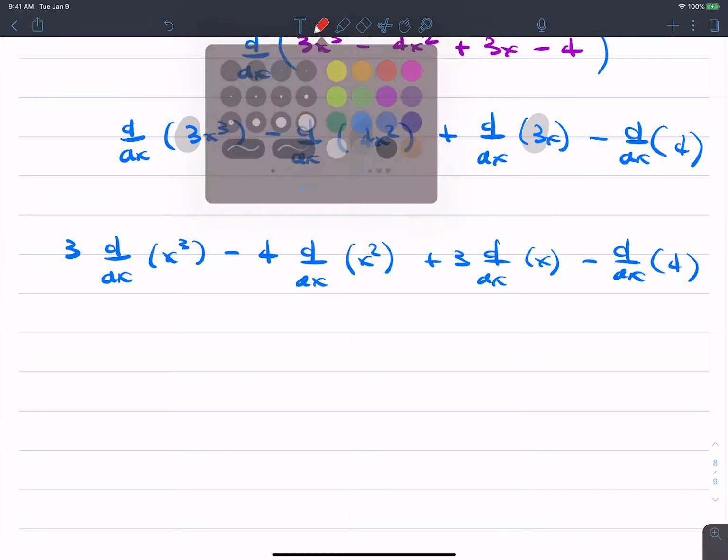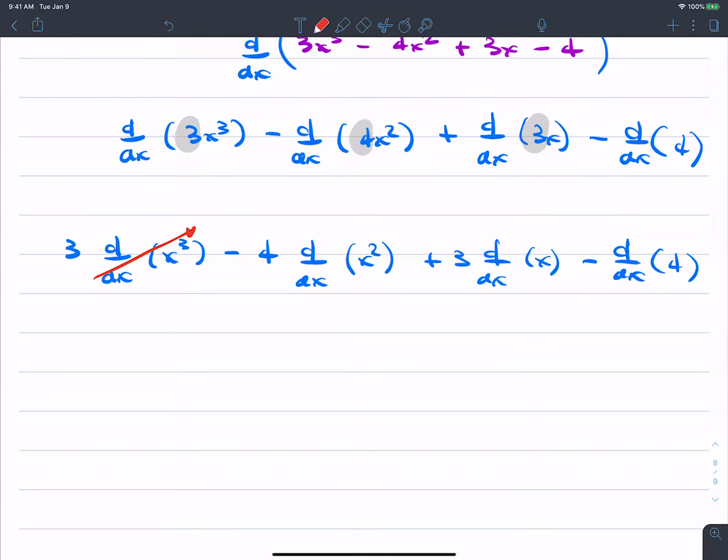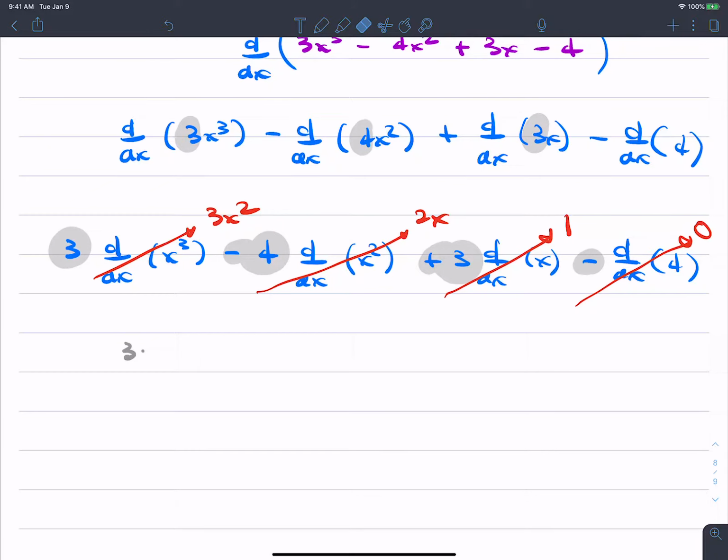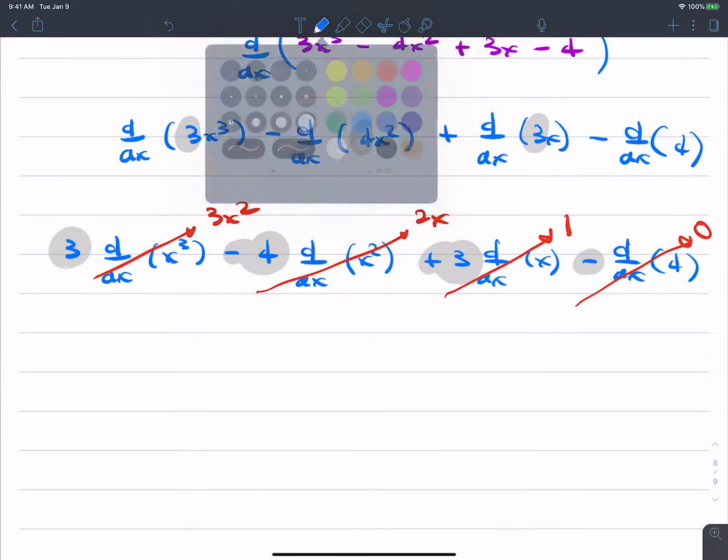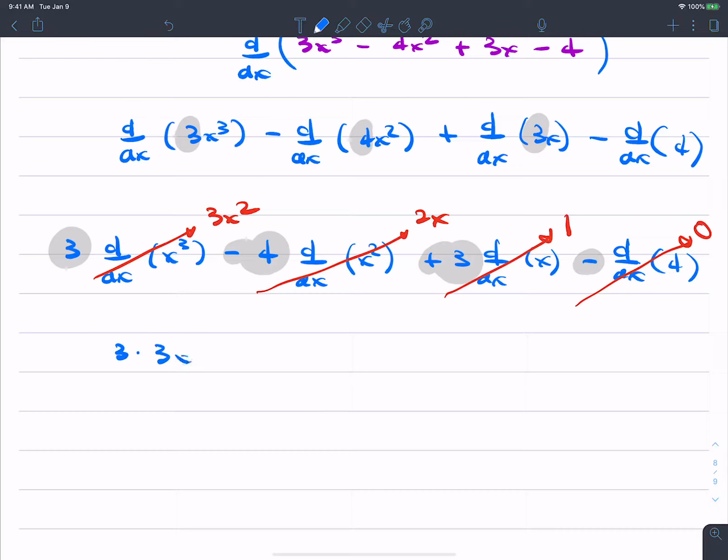Okay. At this point, 3x squared, 2x, 1, 0. We pulled out the constants. So it's very helpful to know those formulas, right? And after a while, you have these derivatives under your belt here.